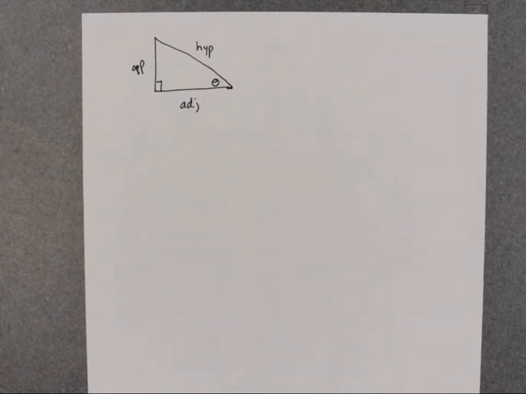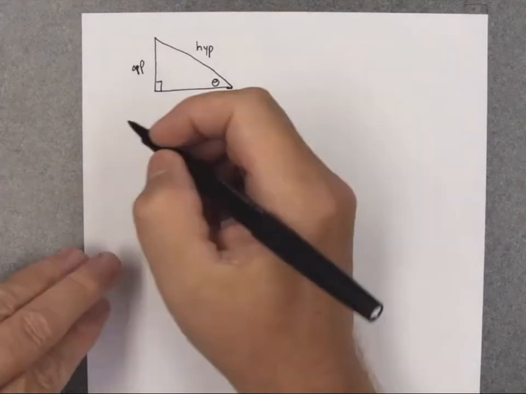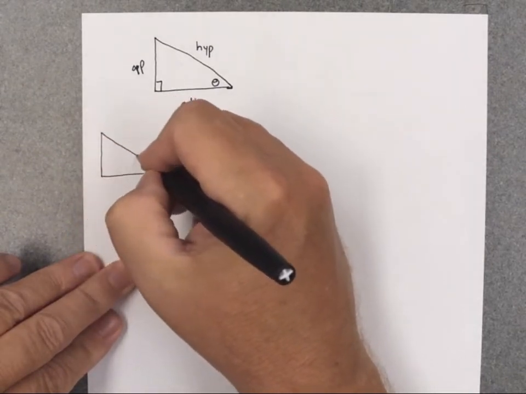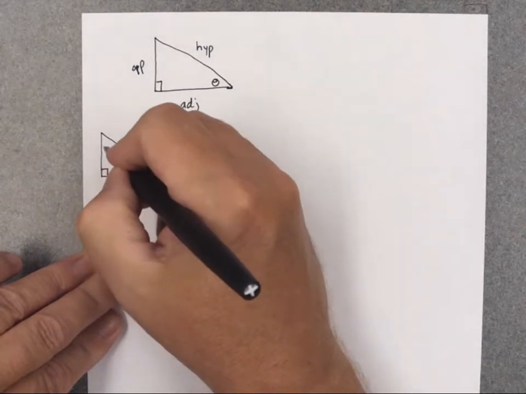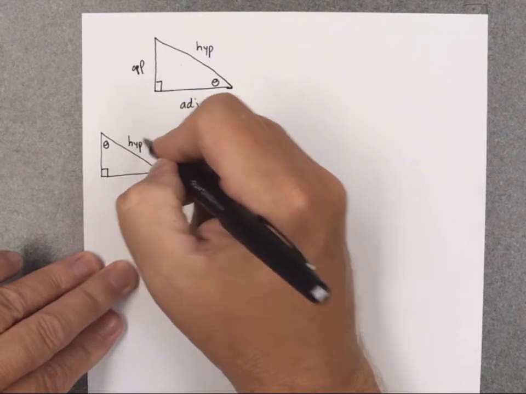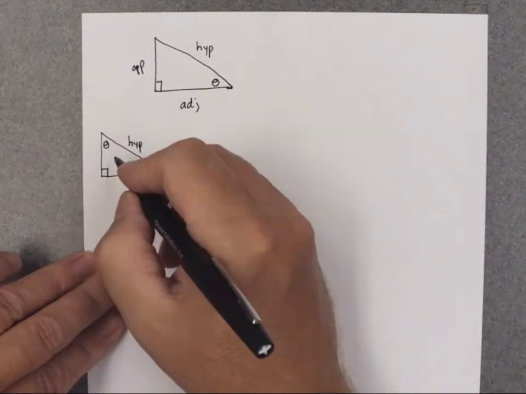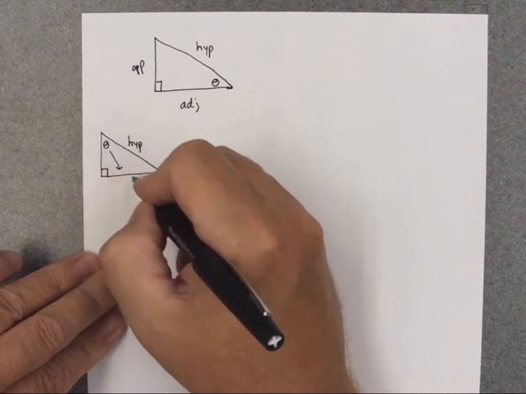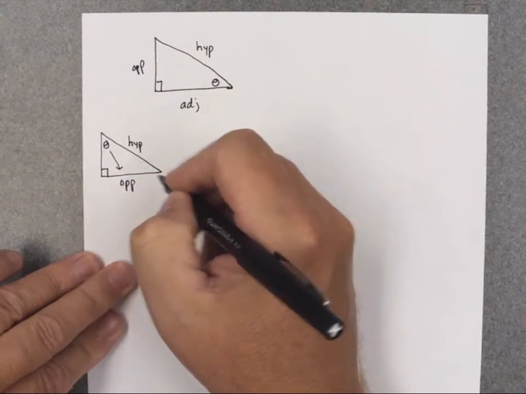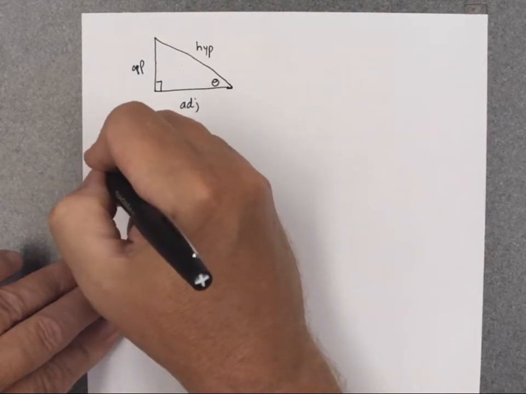So when you have right triangles, whenever you make your theta, the theta helps define which side is the adjacent and which side is the opposite. Just for fun, if I had chosen to make this my theta, of course this side is still the hypotenuse, but for this triangle, since this side is now opposite the angle, this would be the opposite, and this one would be the adjacent.